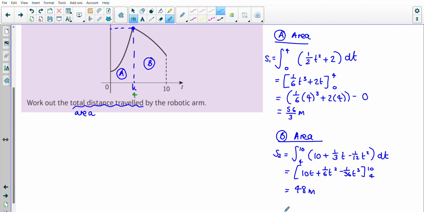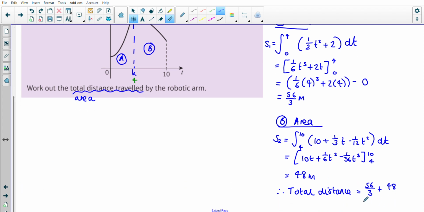And then therefore the total distance is going to be 56 over 3 plus 48, which is 200 over 3 meters.